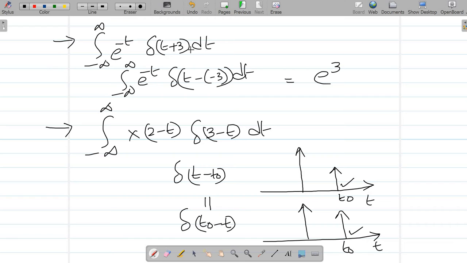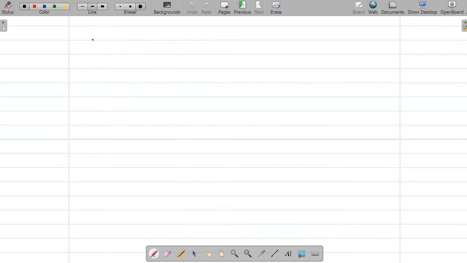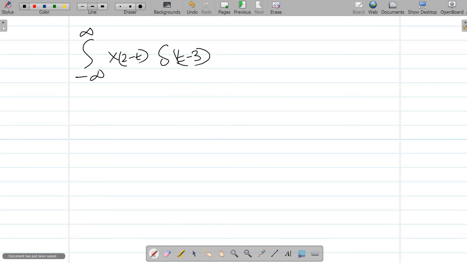Okay, let me take the next page to explain further. So it is the integral from minus infinity to plus infinity of x of 2 minus t. Instead of writing delta 3 minus t, I will write delta t minus 3, because I have just now proved that delta 3 minus t is equal to delta t minus 3.